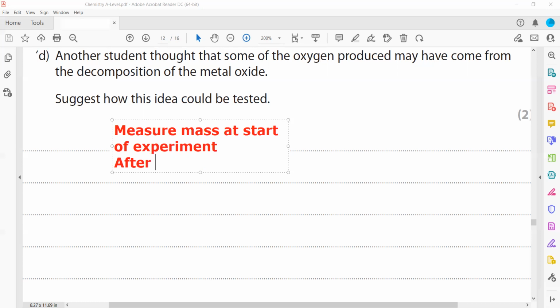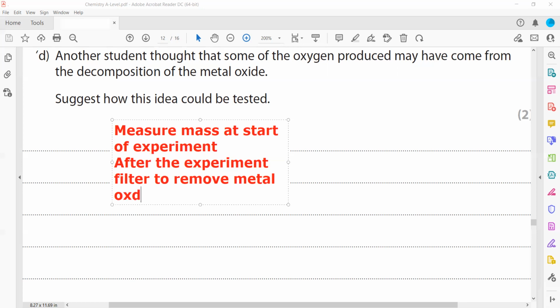Then after the experiment, we filter to remove the metal oxide, then dry it, and then reweigh.